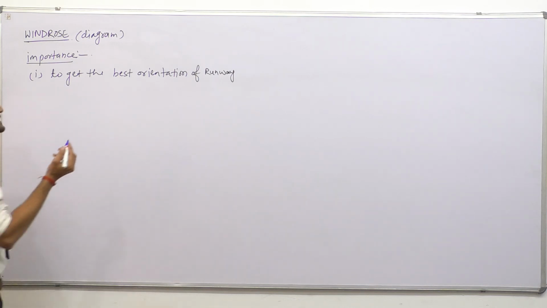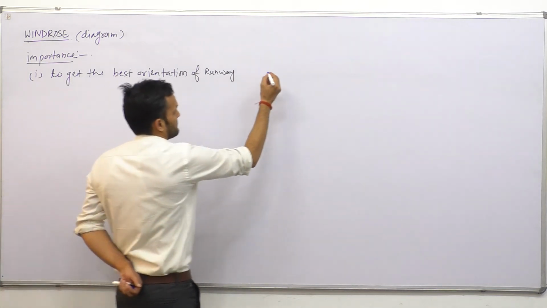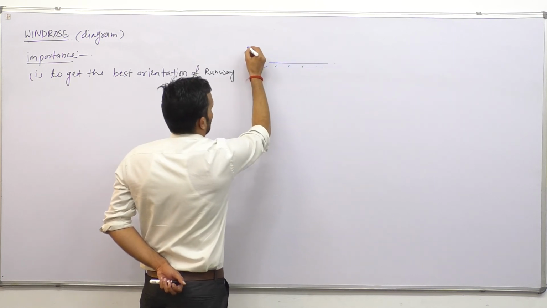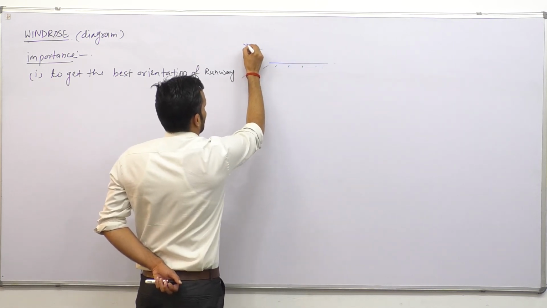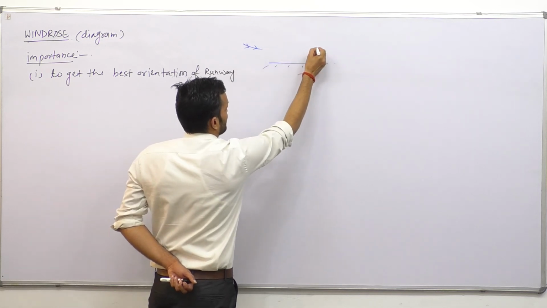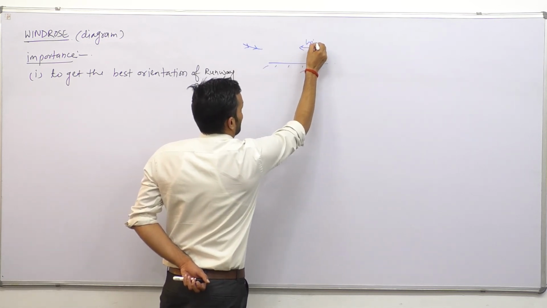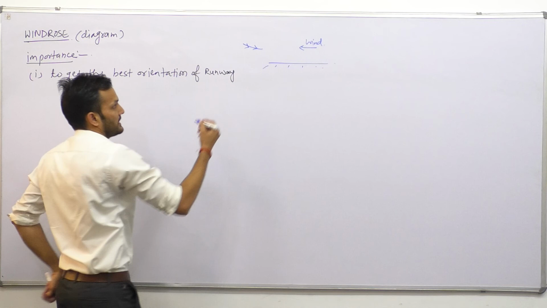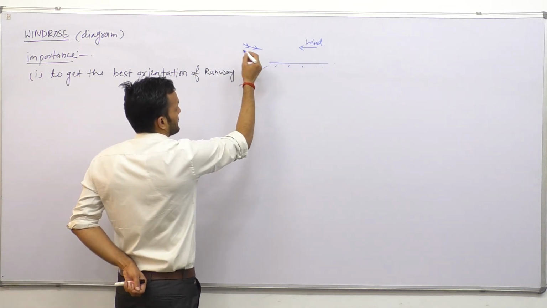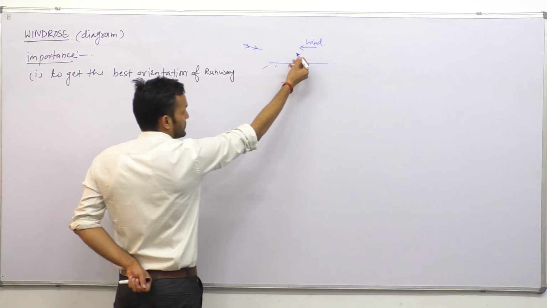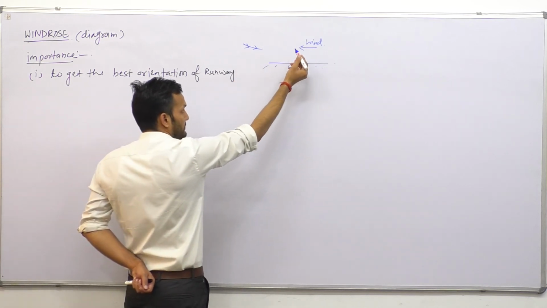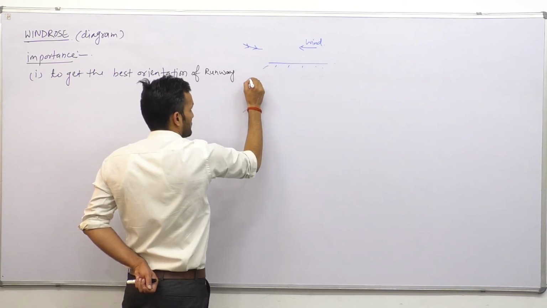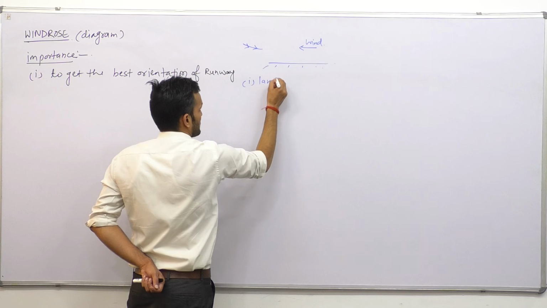If an aircraft is moving over a runway, for example, taking this as the pavement of the runway, and the aircraft is going to land over this, then what will happen if the wind is coming from its head, that is prevailing wind, where the direction of wind is opposite to the direction of aircraft? The advantage with this wind in case of landing, the first point, is what?